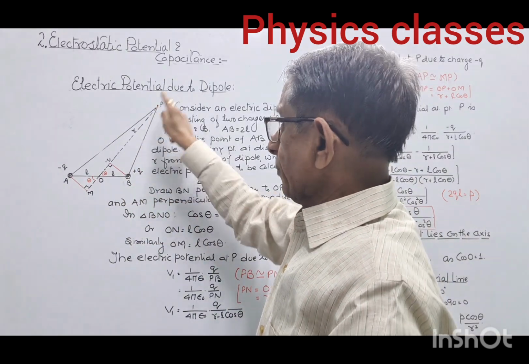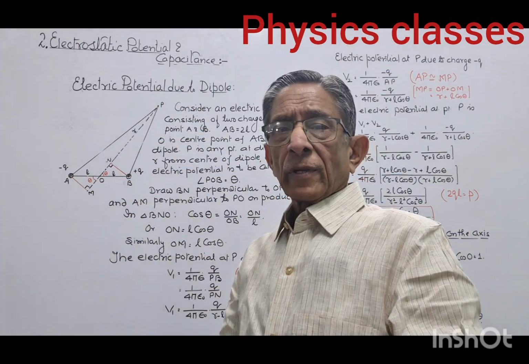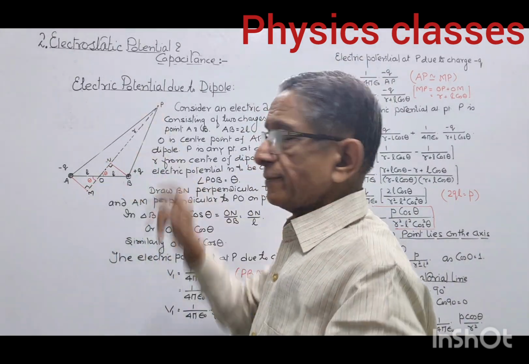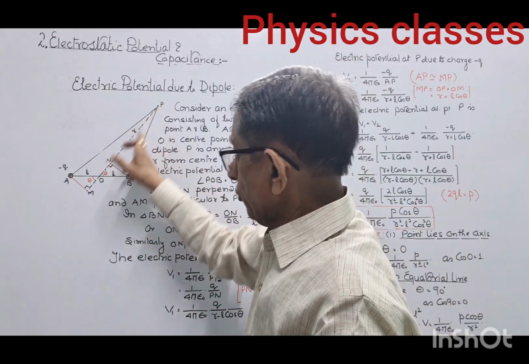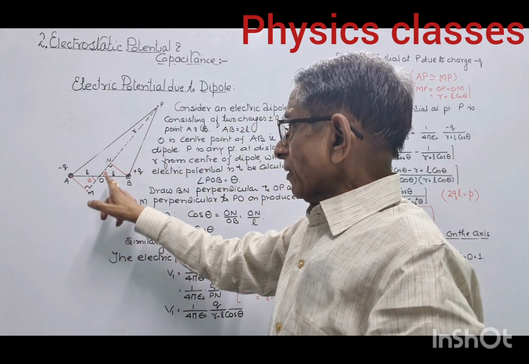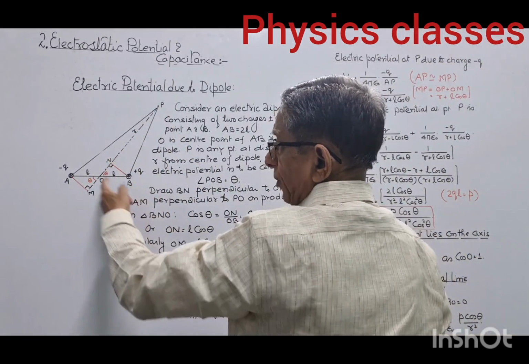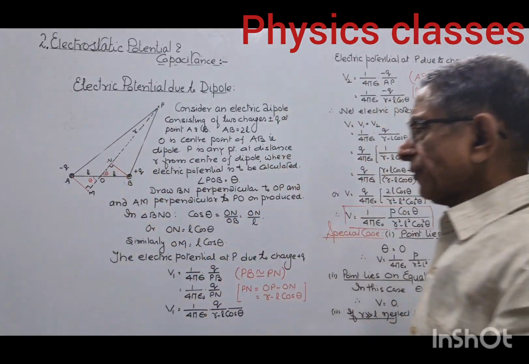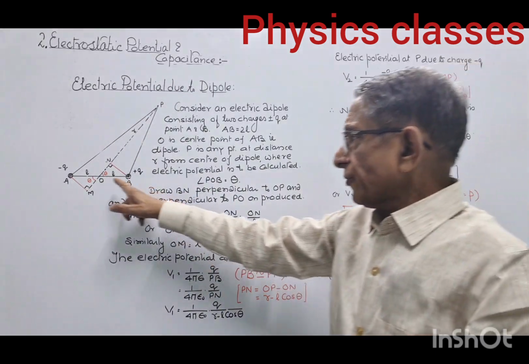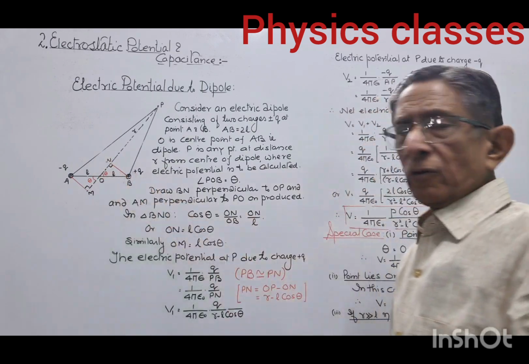To calculate the electric potential at the point P due to this dipole, students, first I draw normal BN on OP, then I produce PO and draw normal AM. From the figure you can see OBN is a right triangle. Therefore I can say cos theta is equal to base upon hypotenuse.